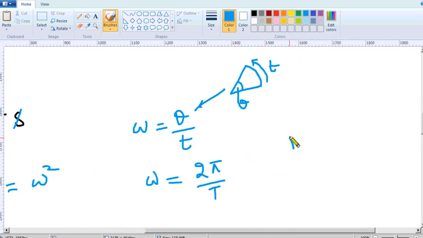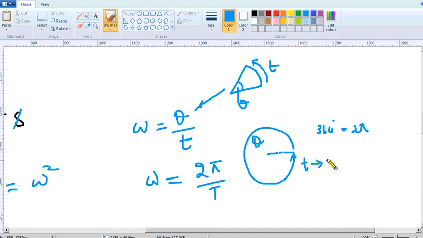Here if we consider the full circle, theta is the whole thing, 360 degrees, that means 2 pi in radians. Then the time to travel all this length along this circle, what is the time?